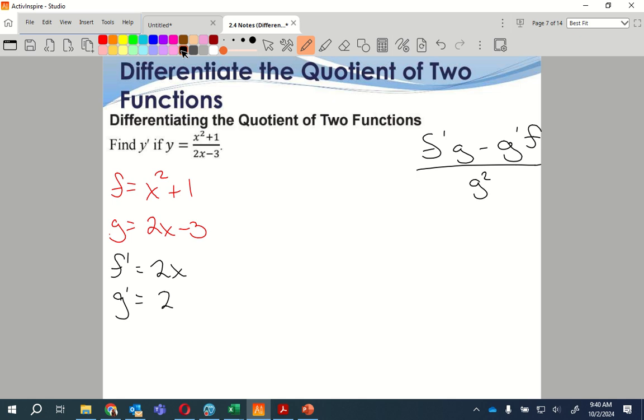So f prime, that's going to be 2x times g, which is 2x minus 3, minus the product of g prime times f, which is x squared plus 1, all over g squared.